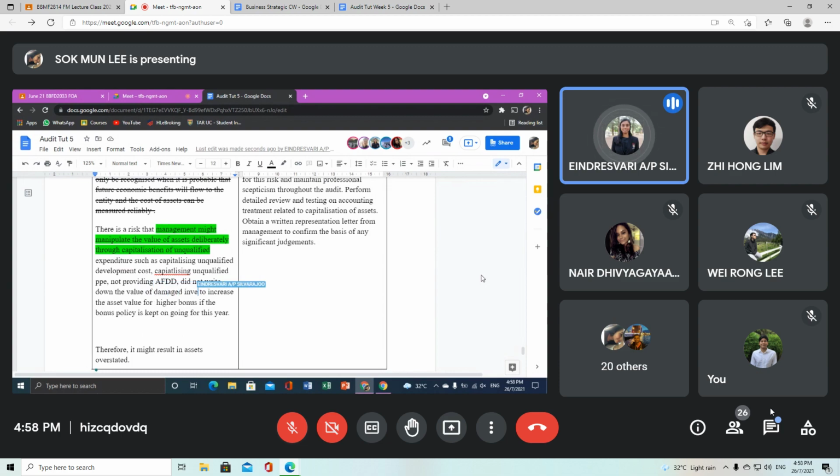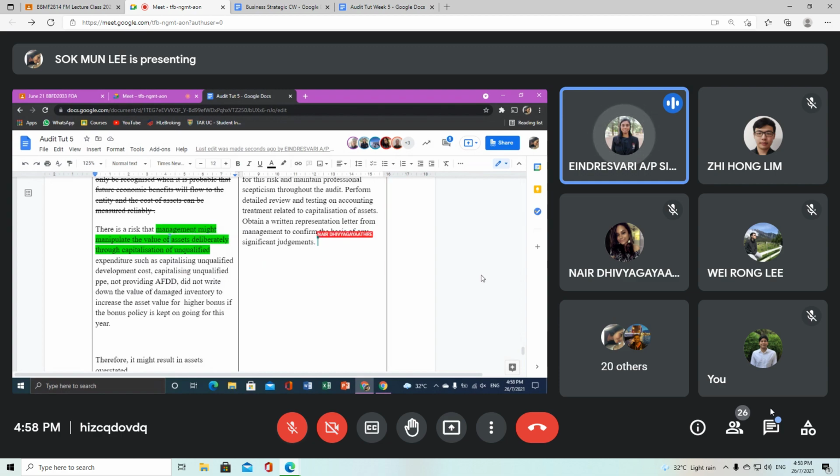You see or not? The whole question is actually related, you know. If you see one by one, if they capitalize development costs, your total asset increases, right? So bonus increases. If you don't provide allowance for doubtful debts, trade receivables increase, bonus also increases. If you don't write down the damaged inventory, your asset also increases. So this is how you should relate to the scenario.